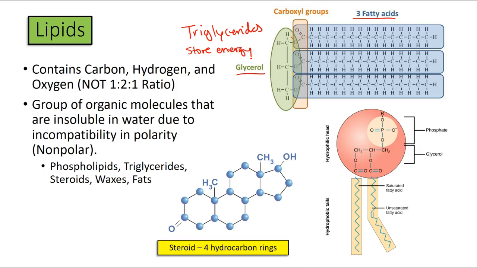Okay, so triglycerides are things like fats and oils and waxes and steroids and cholesterol and molecules like that. Phospholipids are the other type of lipid. Okay, and so a phospholipid also contains a glycerol.